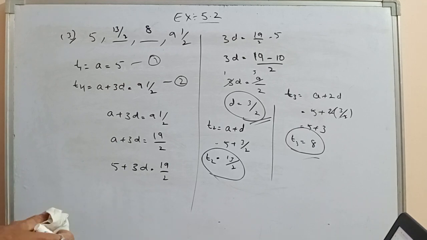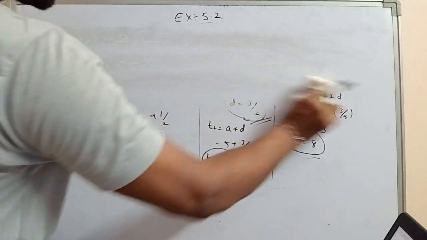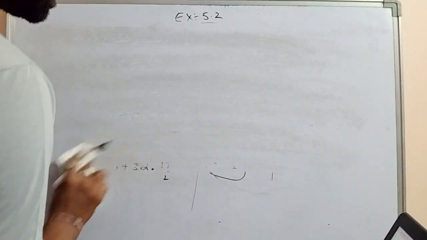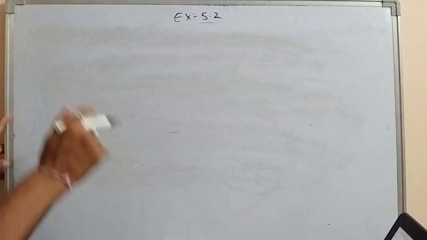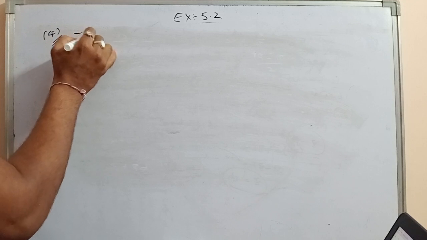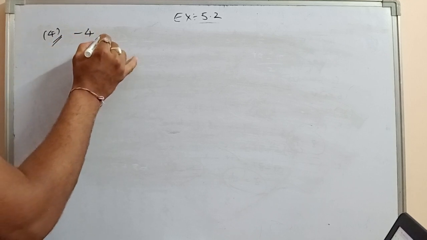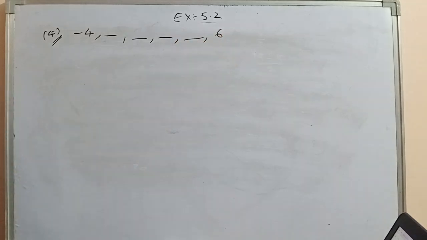The third one is done, and now we move to the fourth one. The given question is minus 4, dash, dash, dash, dash, 6.